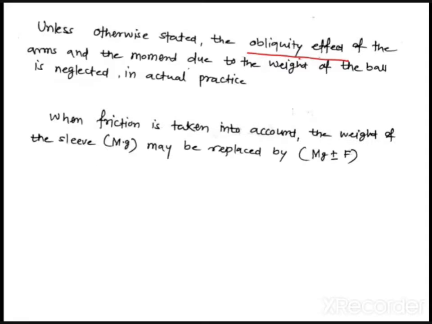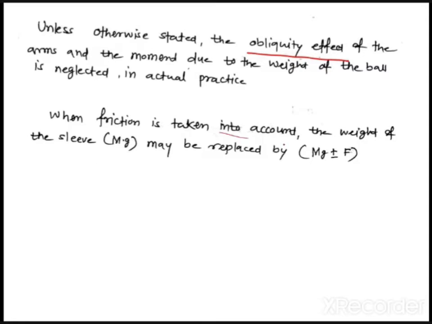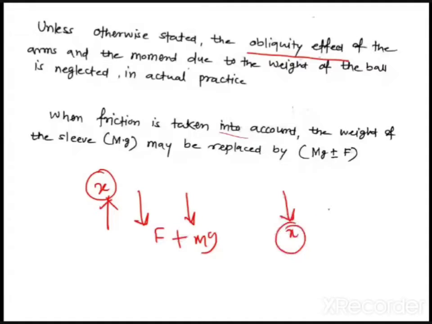Okay, is it clear? Now when friction is taken, we already understood this in the Porter governor. When the sleeve moves upward, the friction force acts downward along with the weight mg, so it gets added. When the sleeve is moving downward, the frictional force acts upward while the weight is downward, so it gets subtracted.